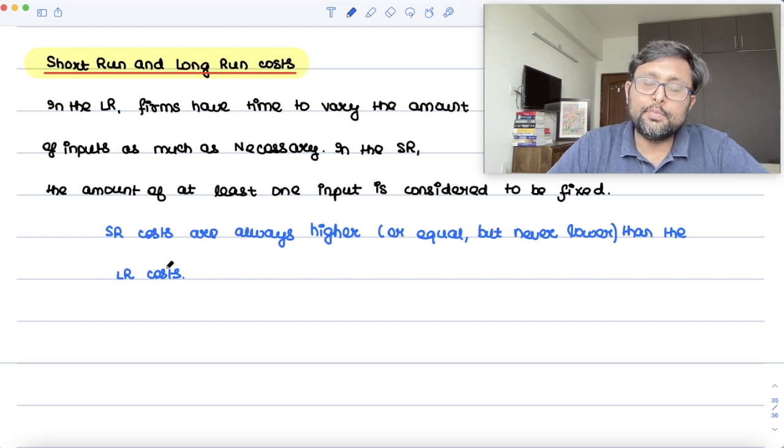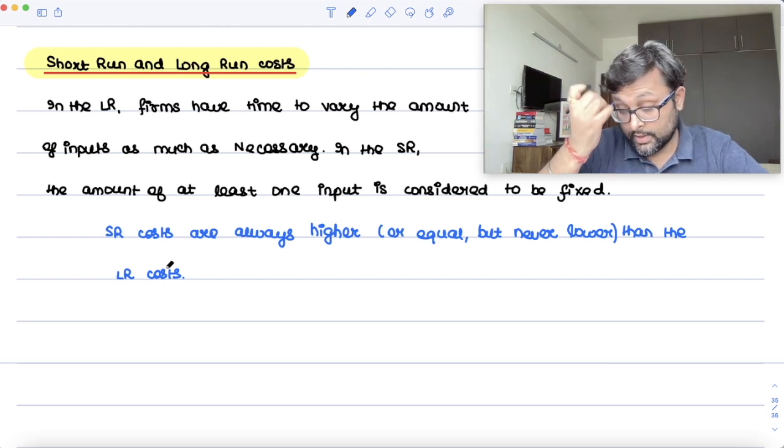So it is possible that at some point your short run costs and the long run costs might touch each other, but we'll be able to show that the long run costs are never higher than the short run costs, right?